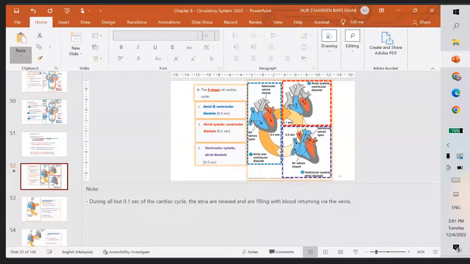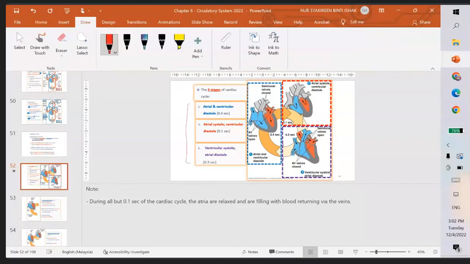Okay, the phases of the cardiac cycle. These are the stages of the cardiac cycle within the 0.8 second. So you have to know what happened during these stages.